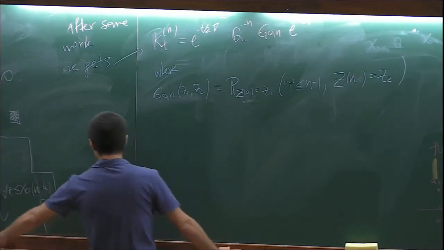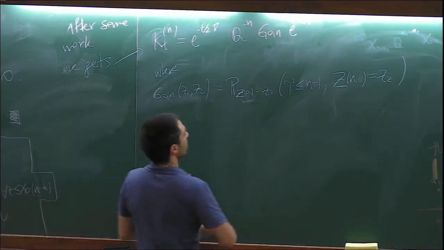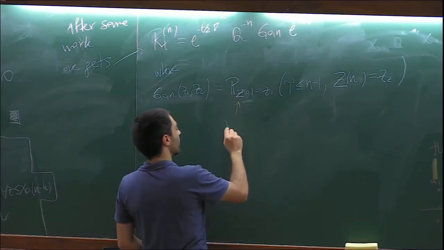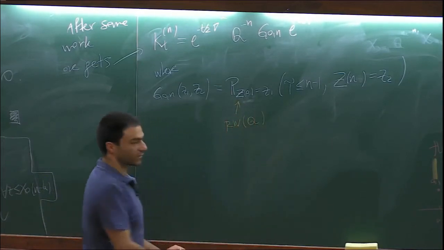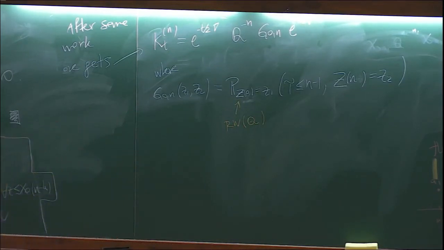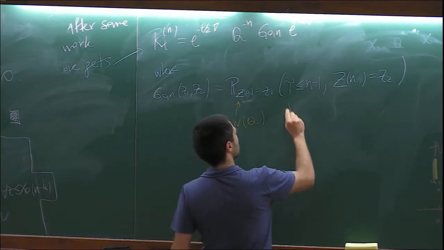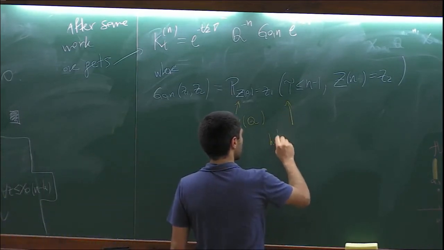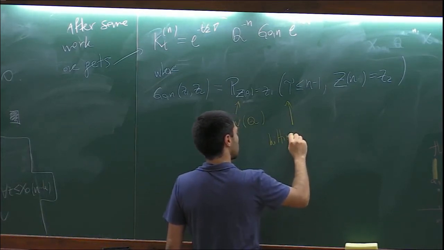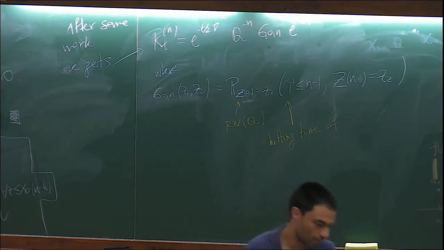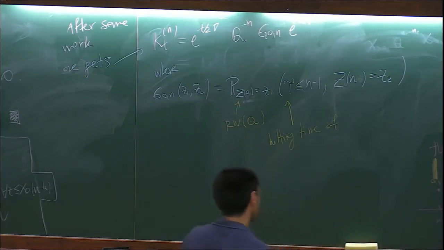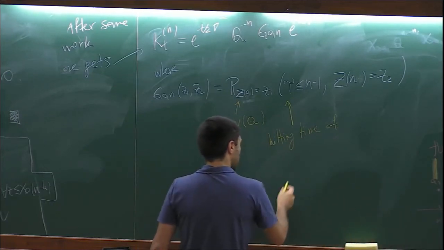So I have to tell you who these are. This Z is a random walk, which has transition probabilities Q. So it's just a geometric random walk. And tau is the hitting time of this region.